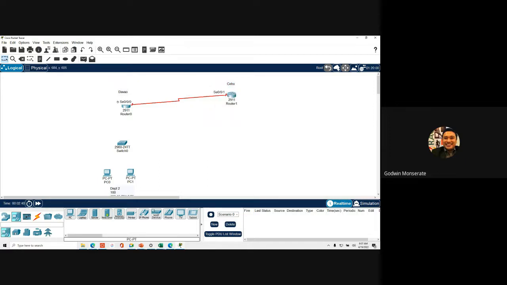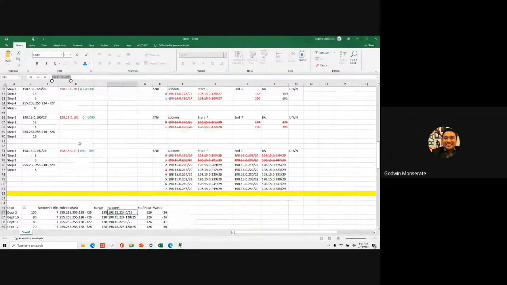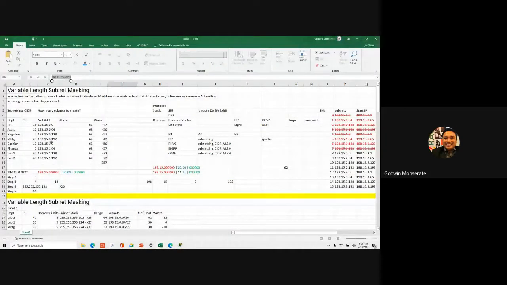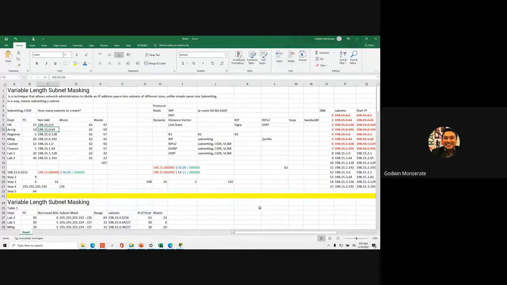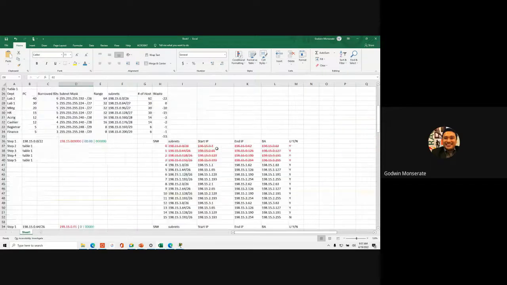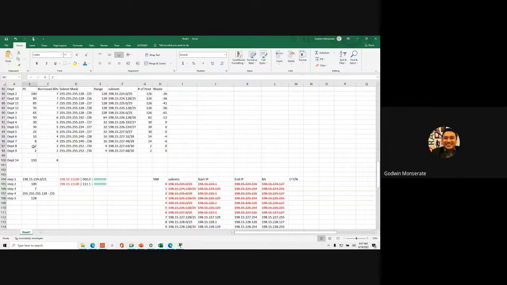If you don't use VLSM, imagine you apply this network to the connection between router to router. Only 2 IP addresses are needed, but you applied 62 because there's no VLSM. So you just wasted about 60 IP addresses, when in fact you can compute only 2.